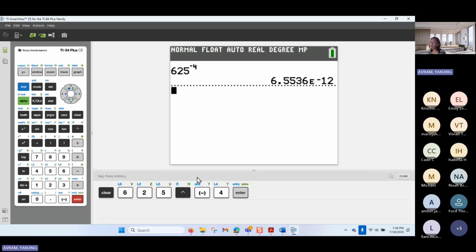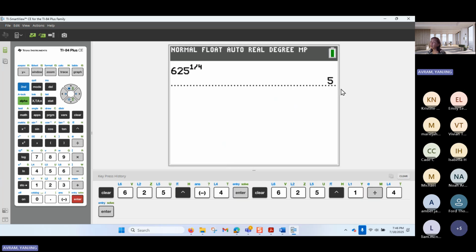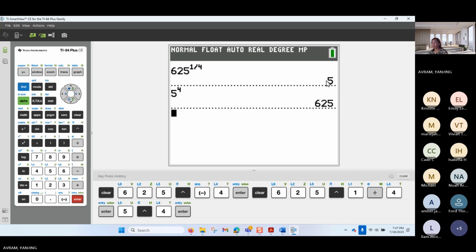If you take the fourth root, that is 625 to the 1 over 4 power, this will give you 5, right? So 5 to the 4 power is equal to 625, or 625 to the 1 over 4 power is equal to 5.